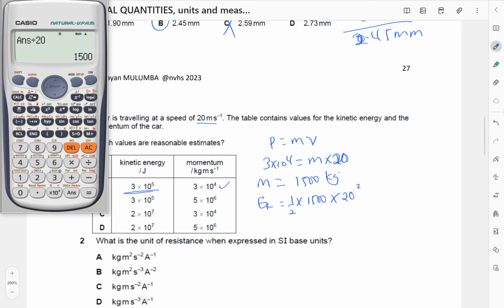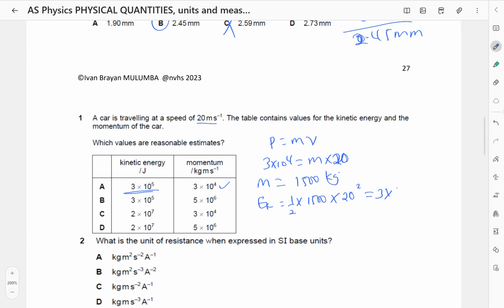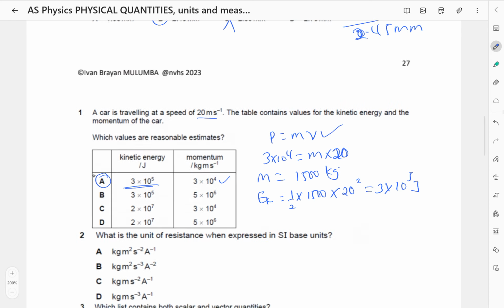Let me check: 1,500 divided by 2 times 20 squared is 300,000, which is 3 times 10 power 5. So the answer is going to be A. I used momentum to find the mass, and I checked with the kinetic energy and it is the same value. You could also use the kinetic energy to find the mass and then substitute to check the momentum.